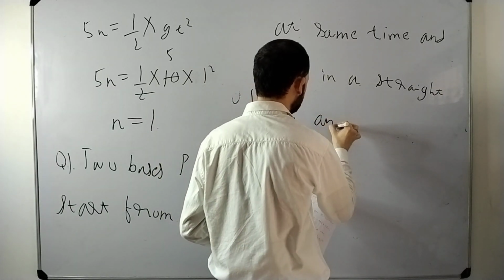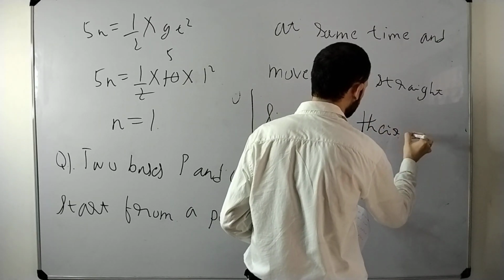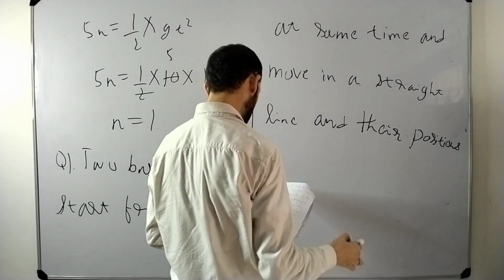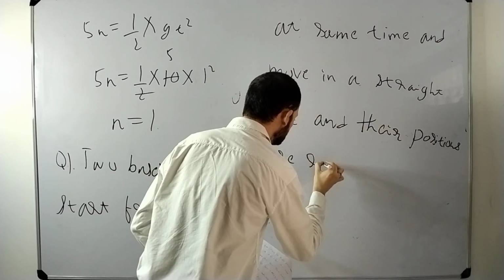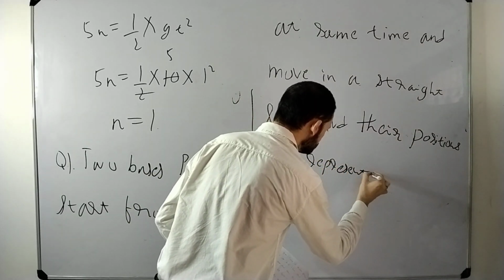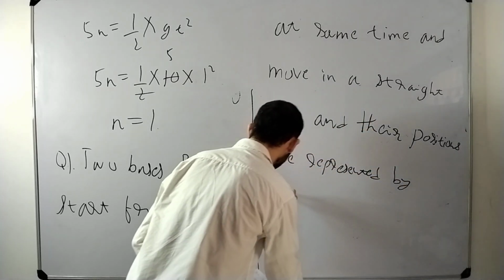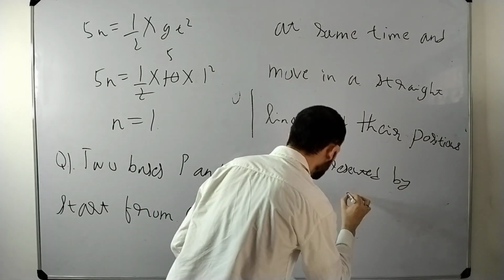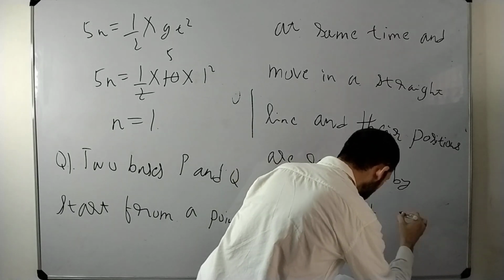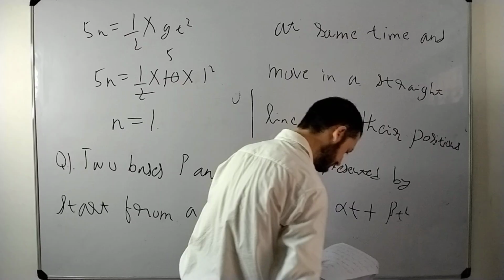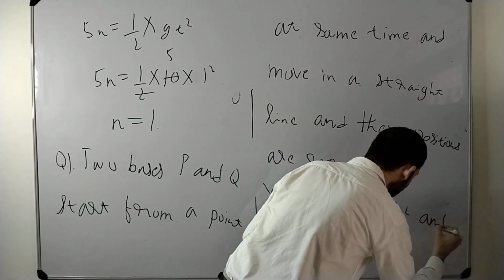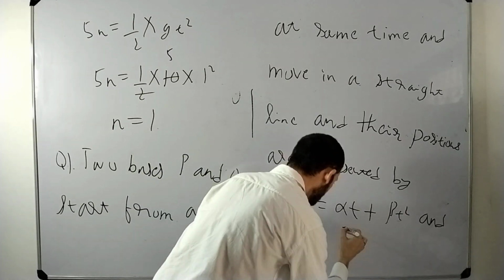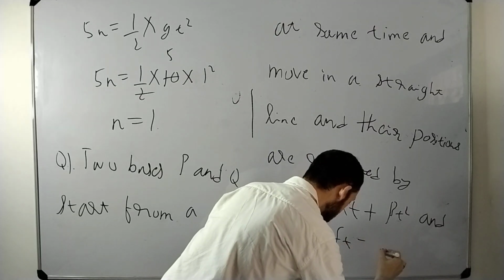And their positions are represented by a certain equation, that is by xp, which is alpha t plus beta t square, and xq, which is f t minus t square.